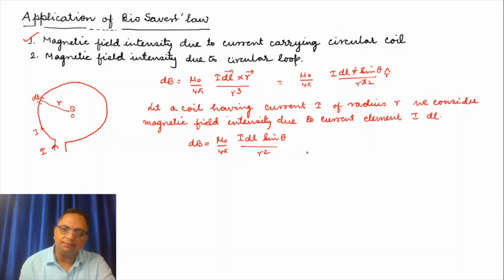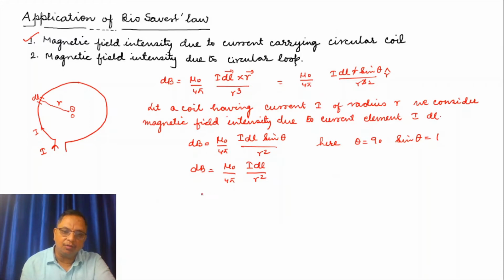Now you see, if we apply the magnetic field formula, here theta is 90 degrees, so sin theta becomes 1. So we have dB is equal to mu 0 over 4 pi I dl over r square.